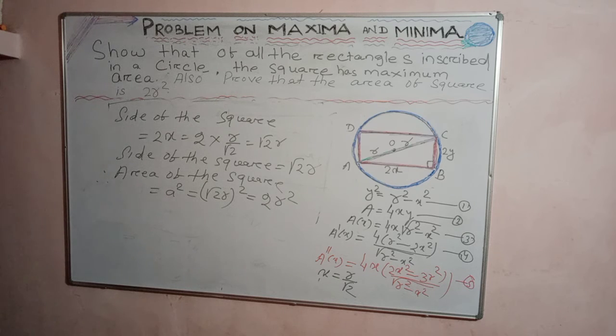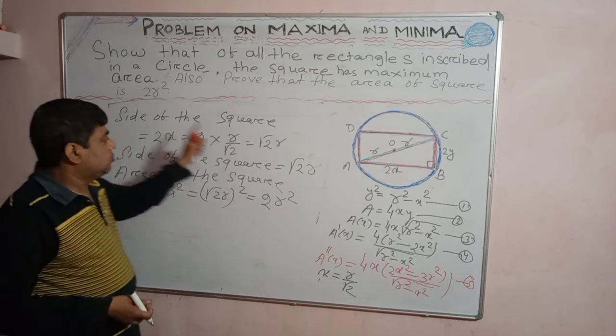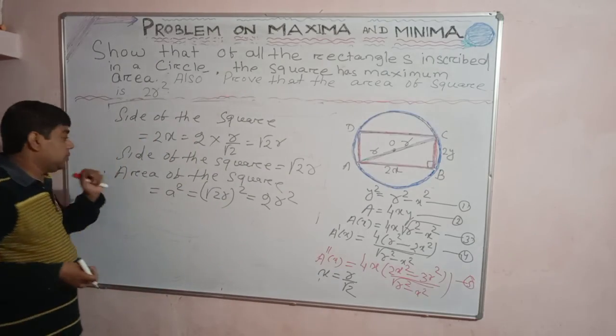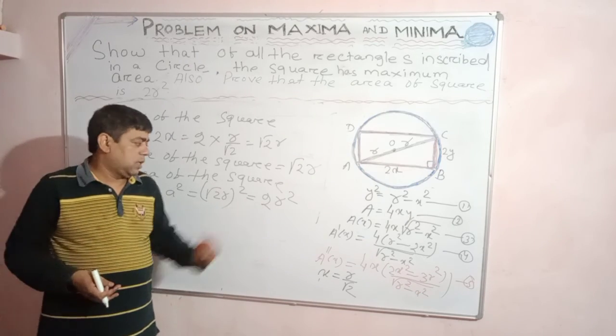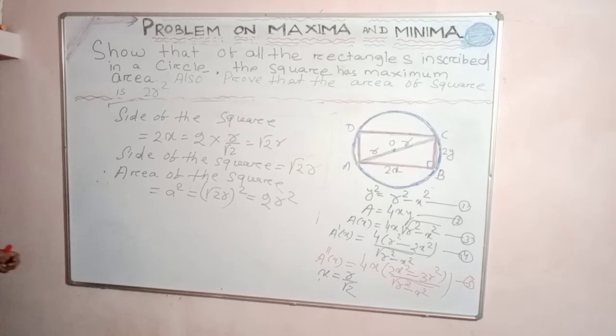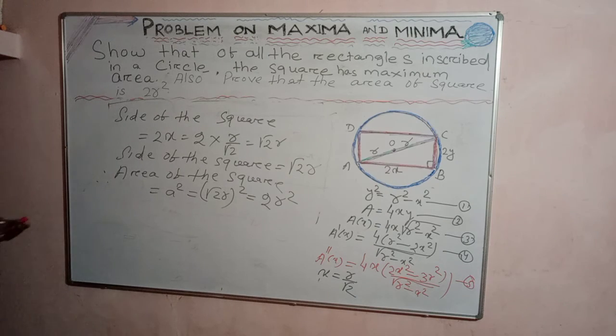And here we prove that if you inscribe a rectangle and get the largest area, then the rectangle must be a square, and the square has the maximum area that can be inscribed in a given circle. Also the side of the square must be root 2 into r, and the area of the square will be 2r square, or twice the square of the radius of the circle.